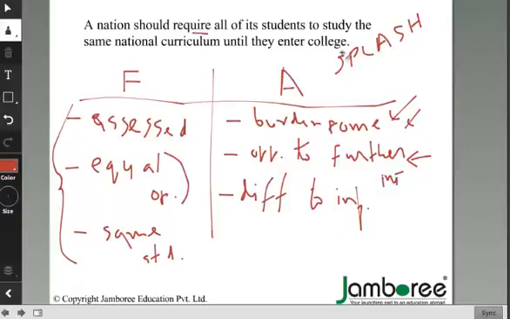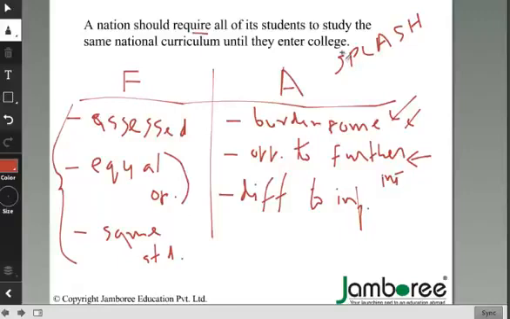You can give examples that, let's say, a famous writer like J.K. Rowling, or any famous writer, or Shakespeare, it's not guaranteed that that person will also be equally good in science and math.